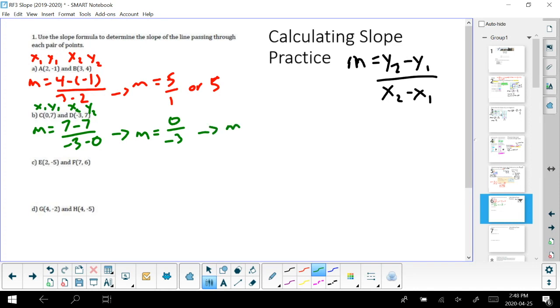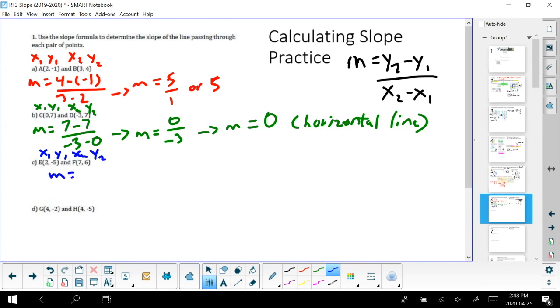And we know that because we have 0 divided by anything is still going to be 0, we have a slope of 0, otherwise known as a horizontal line. So we have a horizontal line. We can see in this line that we have no rise because 7 minus 7 is 0, so we have a rise of 0.